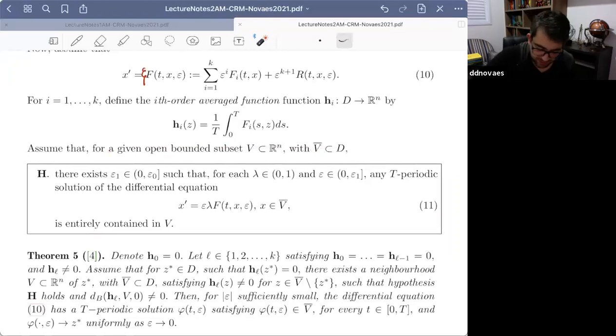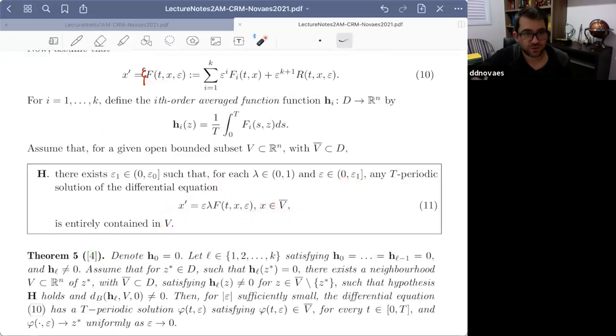Okay, so this is the hypothesis H. There exists epsilon 1 such that for each lambda between 0 and 1 and epsilon between 0 and epsilon 1, any T-periodic solution of this difference equation that belongs to the closure of V must be entirely contained in V.